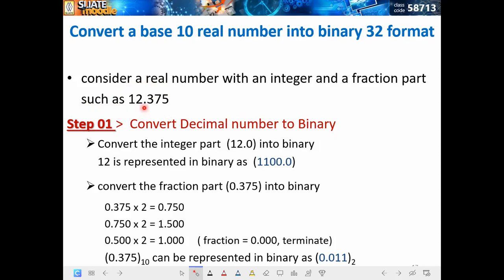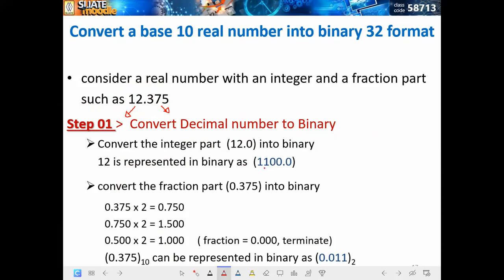In this example, 12.375 is the number. Step 1 is to convert the decimal number to binary. You know how to do this, right? You have to convert these two parts separately. Convert the integer part into binary. 12 is represented in binary like this.